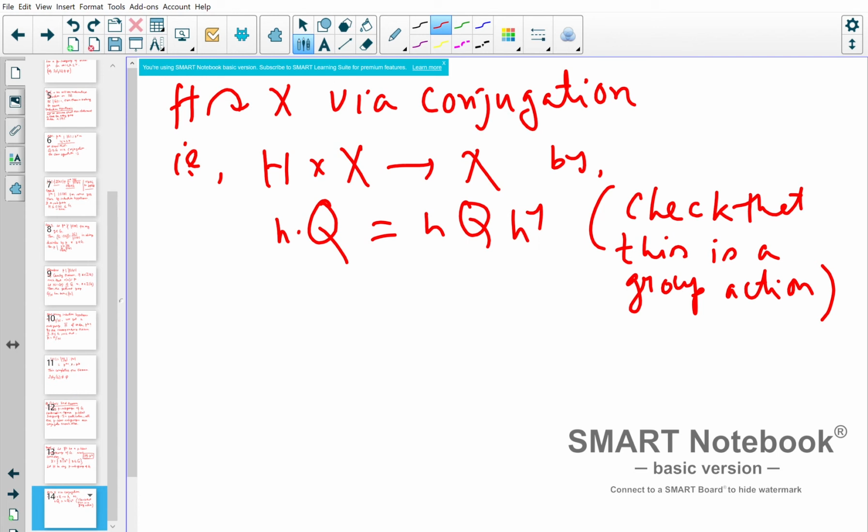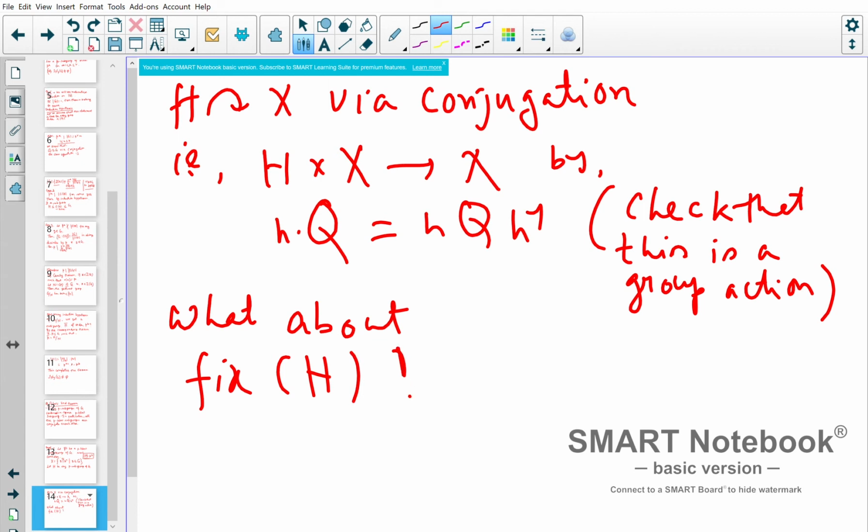Now a very important question: what about the H invariant elements of X? This is the fixed set of H. We know that this cannot be empty, as you already proved.